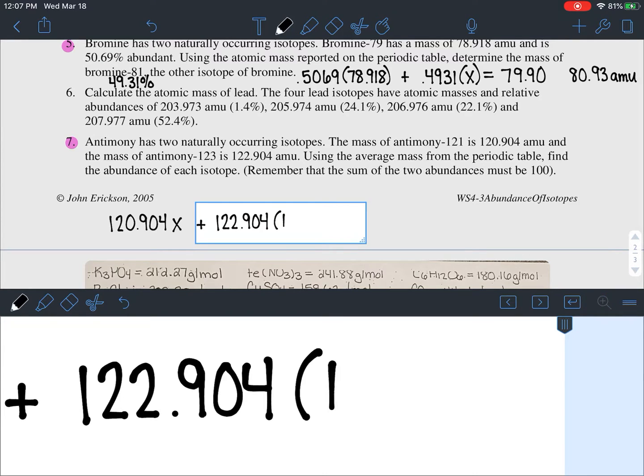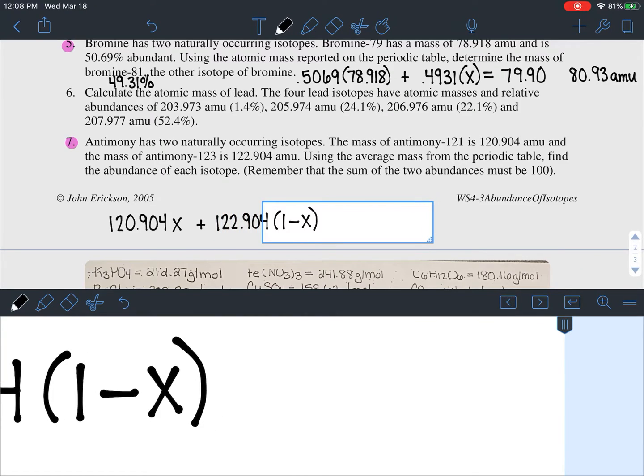Everything we've been doing up to this point has been putting the percentages as decimals. So we could think about this as 100 minus the percent, or we can think about it as 1 minus the decimal version of that. So that's what we'll do here. And it is important that it's 1 minus X and not X minus 1 because it won't math correctly otherwise.